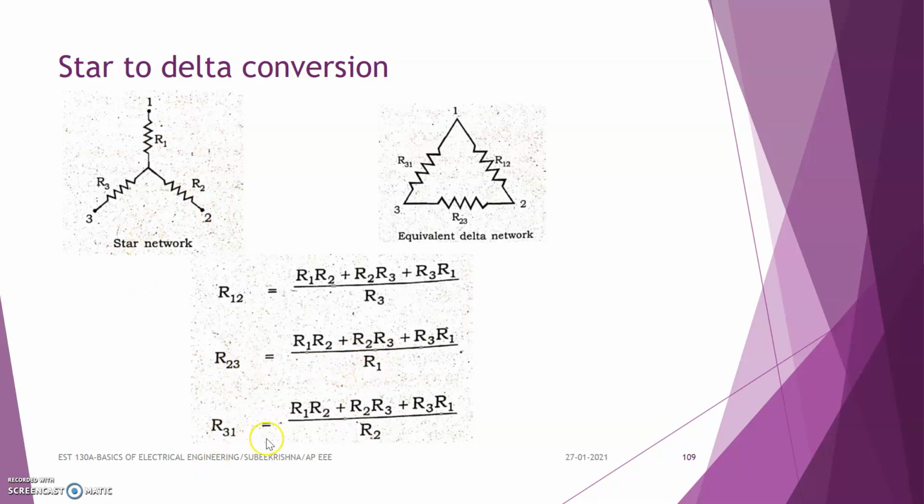And R31 is equal to R3 into R1 plus R1 into R2 plus R2 into R3 divided by R2, since 2 is missing here. So these are the equations for finding the value of delta connected resistances from a star connected network.